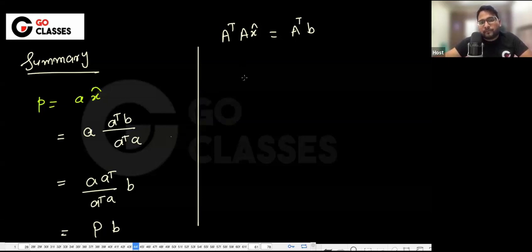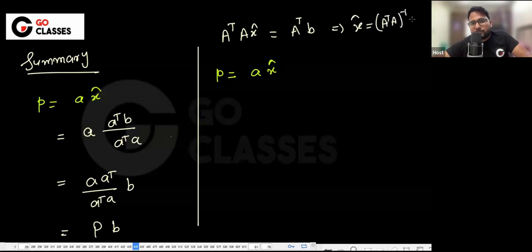Now from here you can find this p. Once you have the x cap, every other step is the same.